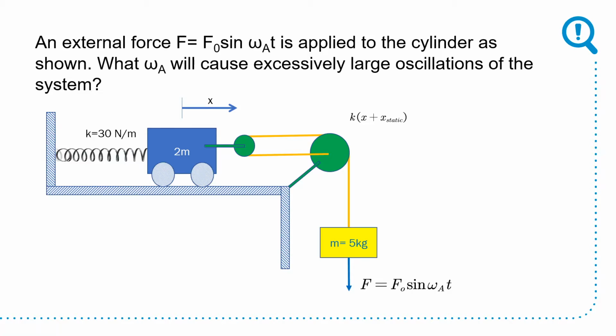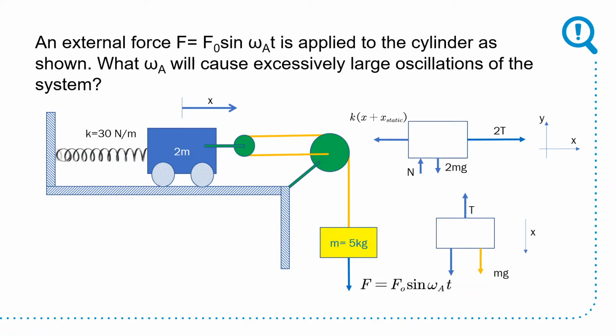So I've got all that together. And if I look at the problem, I've got kx plus x static. That's the normal way to write this. I've got normal force, I've got the weight force, and I've got 2T because there's 2 wraparound lengths of the cable. On the other side, I have the forcing frequency, which is down here.